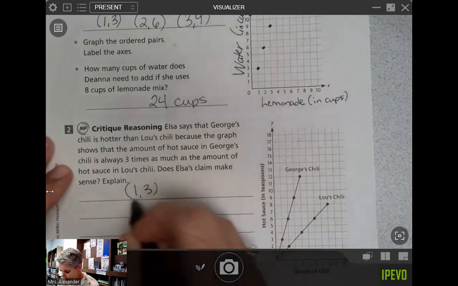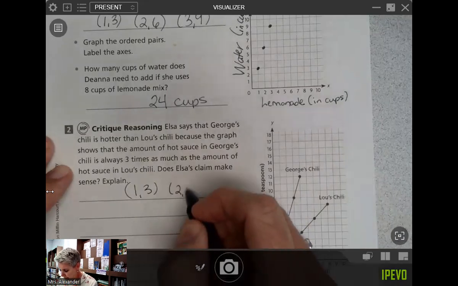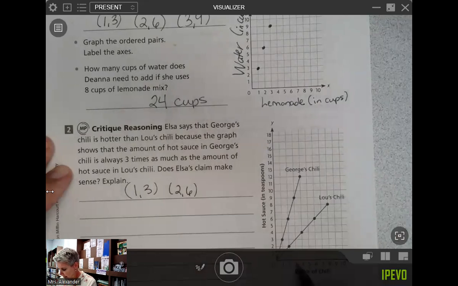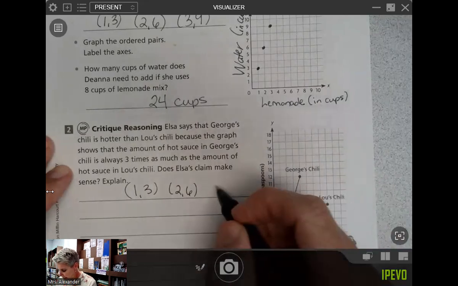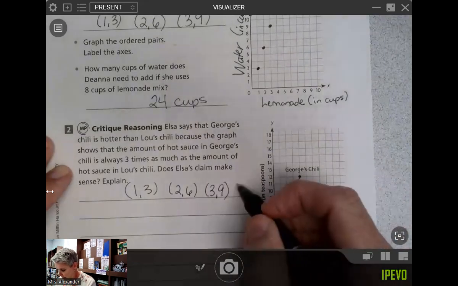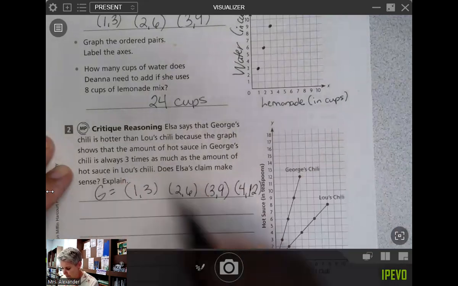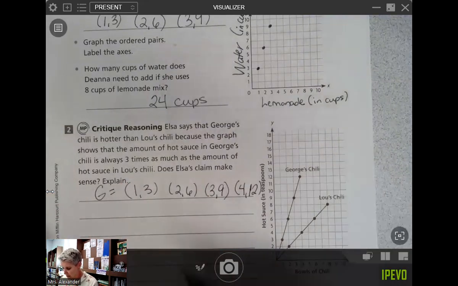So 1, 3. We have 2, 6. And we have 3, 9. And we have 4, 12. So that's George's. I'm going to put a G. George's chili.